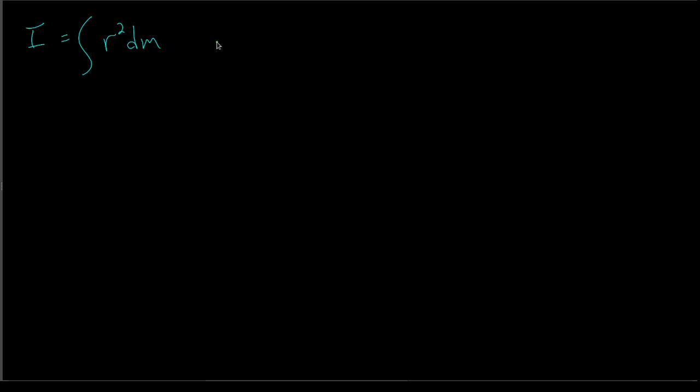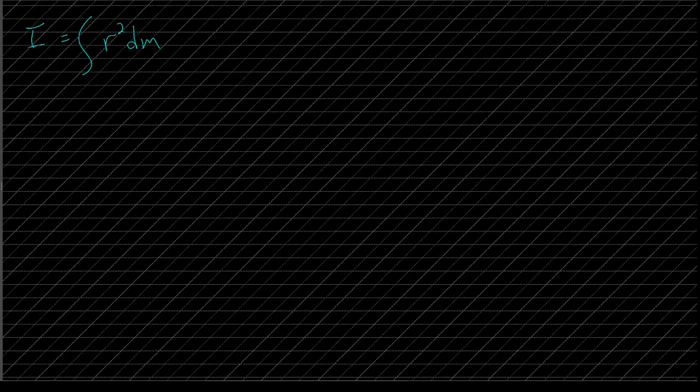And what we want to do then is look at, let me get my grid back on here, some mass element and its relationship. We'll look at rotating about the axes right now. I think it would be a good start.